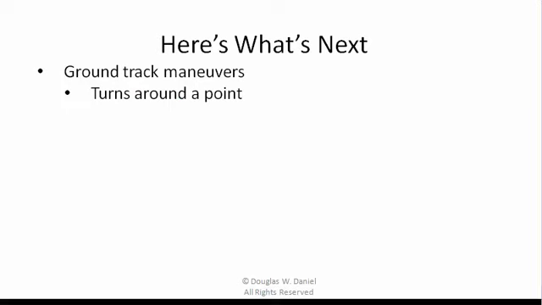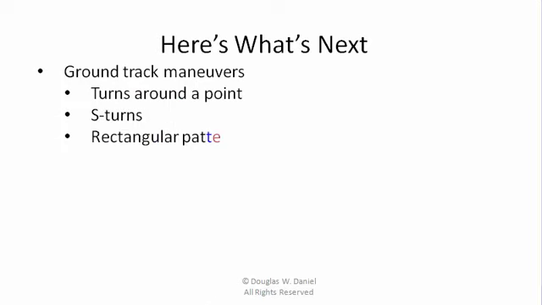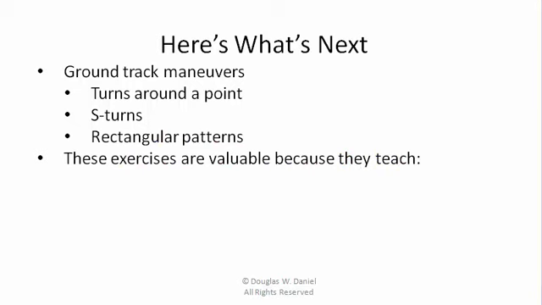Turns around a point, S-turns, rectangular patterns. These are exercises that are valuable because they teach compensating for the wind. You need to compensate for the wind when you're close to the ground because that tells you what the wind is doing.